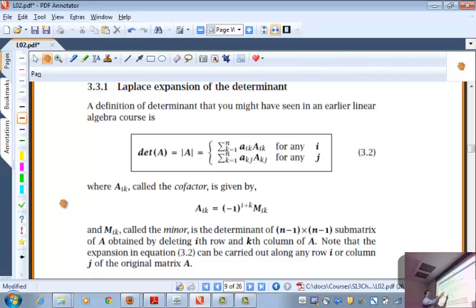Take that element and multiply it by its cofactor. That is, by crossing out that row and that column, whatever is remaining, you find the determinant of that according to this. So that's a process that is applied recursively to get the determinant. It's another way of implementing the same idea.